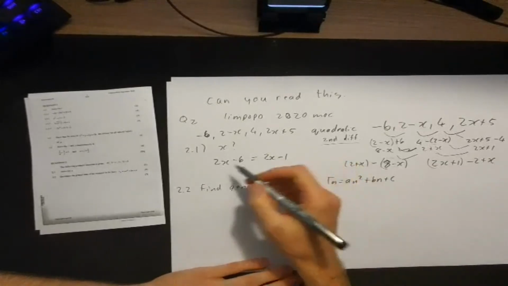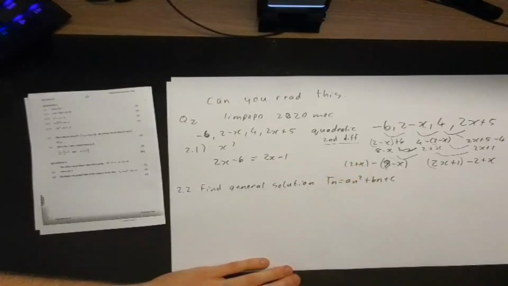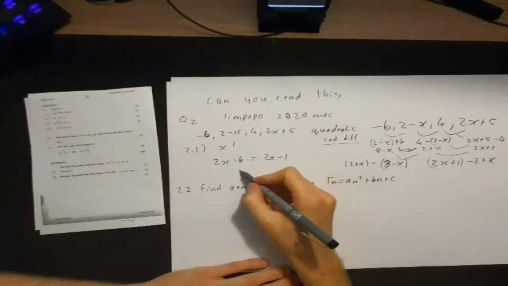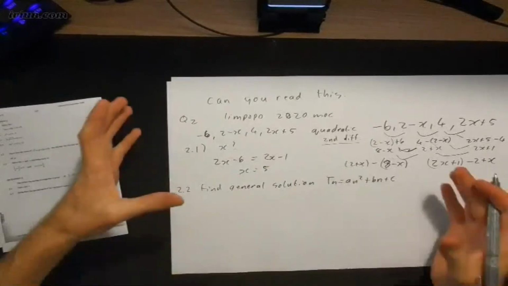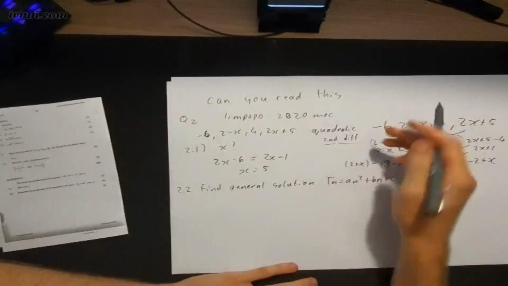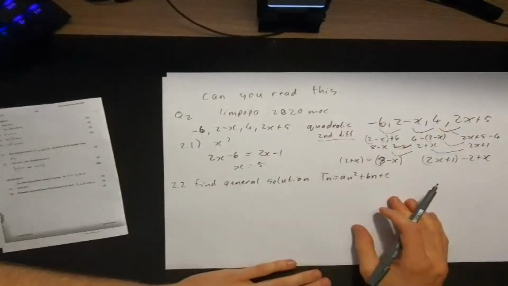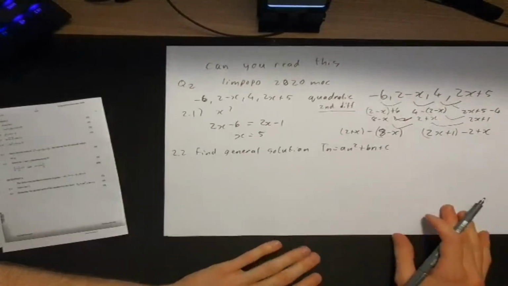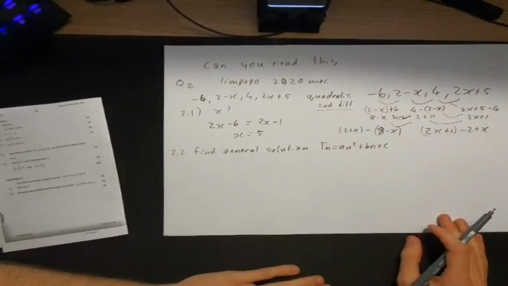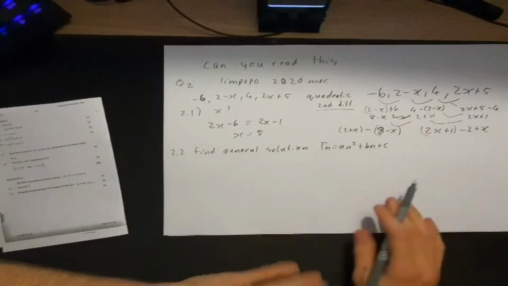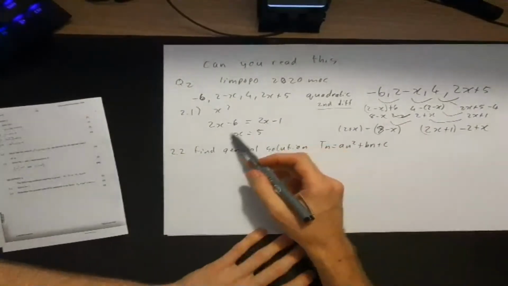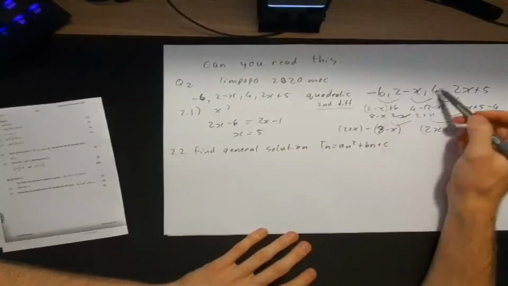If you just solve your algebra here, you should get that x equals 5, correct? That one's not too difficult. The only thing is you need to know that quadratic has a second difference. Now if we look at 2.2, it says to find the general solution for Tn equals an squared plus bn plus c. Now that you have x, we can solve the rest of the sequence.